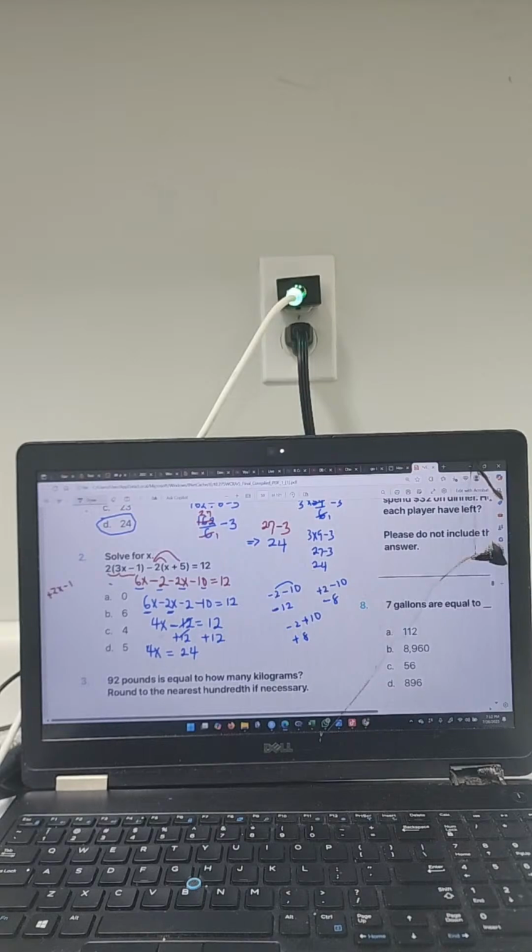And in algebra, if you have a single value with x on the left-hand side and another value on the right-hand side, you just have to divide by the coefficient of that variable, which is 4. So on the left-hand side, we are left with x. And on the right-hand side, 24 divided by 4 is going to be 6.